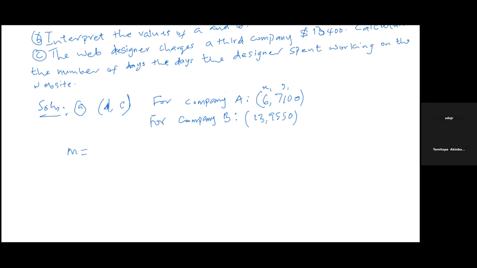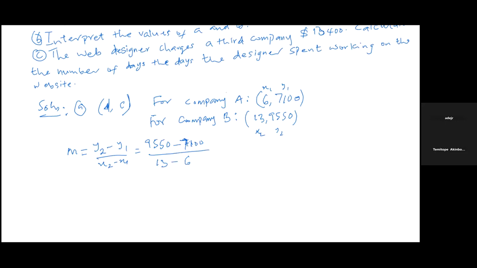So the slope is y2 minus y1 over x2 minus x1. Substituting, that is 9550 minus 7100 over 13 minus 6.